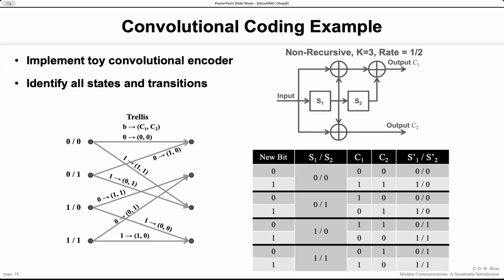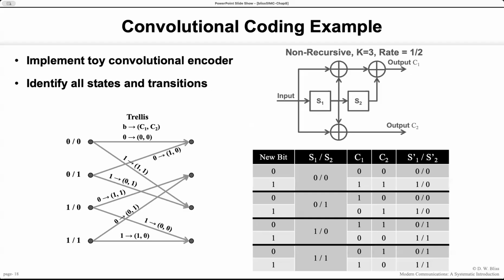If the input bit is a 1, we can transition from the 0, 0 memory state to the 1, 0 memory state. So that's the arrow going down diagonally. So for the sake of notation, we say that we have an input information bit, which is the 0, and that gives us a state transition to 0, 0 across the top line. It also gives us an output sequence of 0, 0.